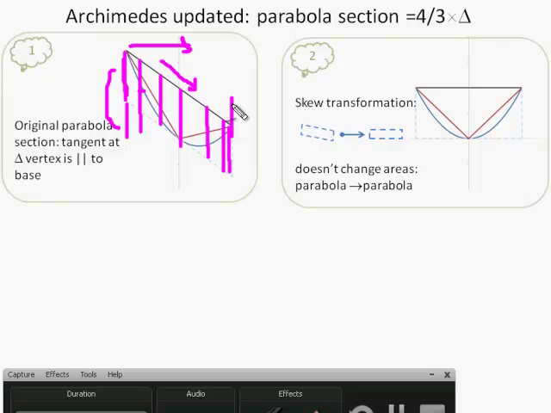If you think about it, all of the segments will be lined up like this. So this is a skew transformation. In fact, that parallelogram is shifted into a rectangle. And I'm not just shifting the parallelogram, I'm shifting all the points in the parallelogram the same way. So, in fact, the entire parabola and the triangle will be shifted correspondingly.